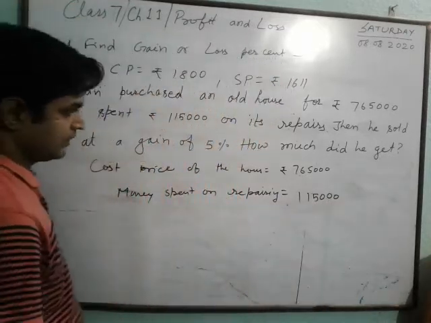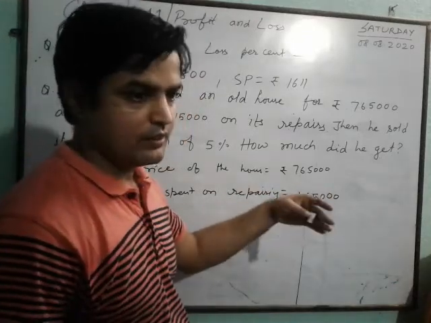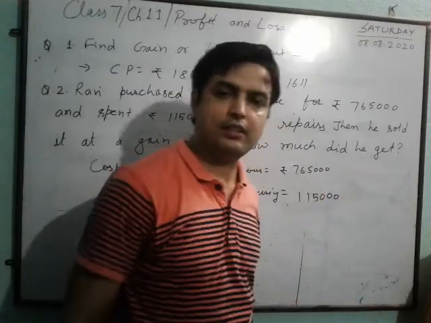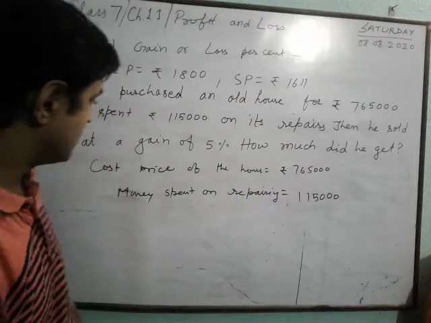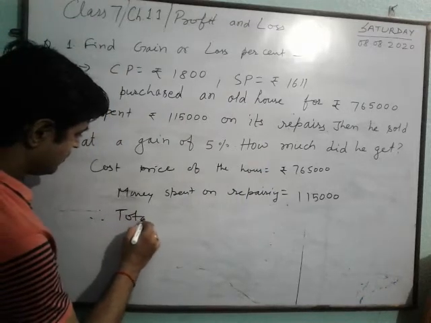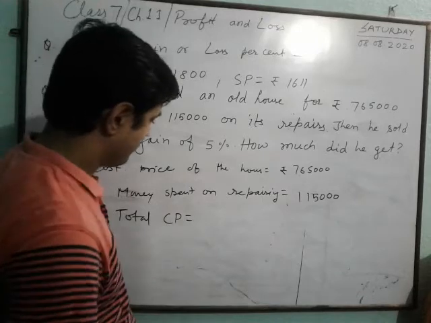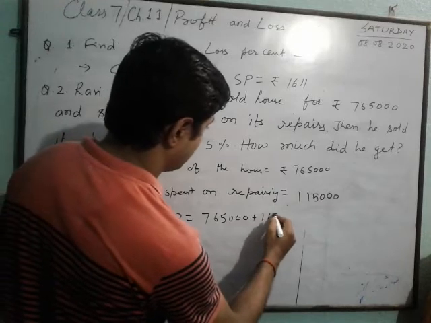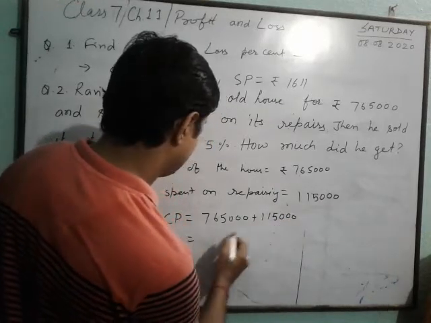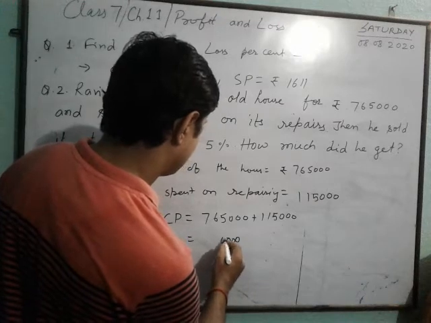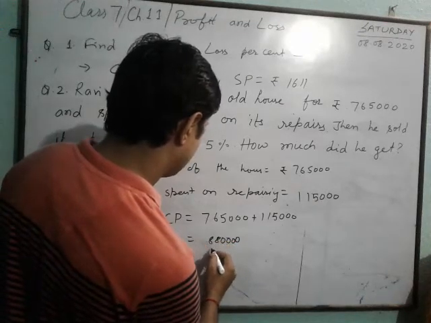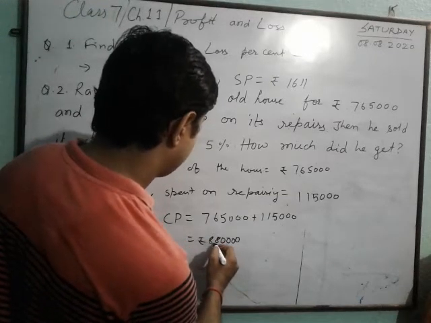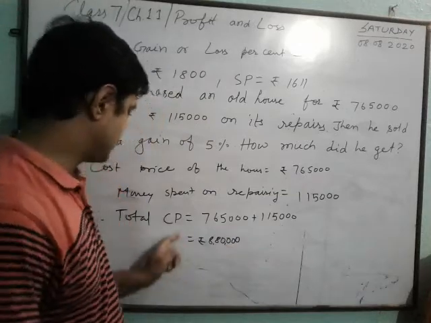So whatever money he has spent on its repairing will also be added to the CP. Then we will find the total CP. So in this case, total CP is equal to 7,65,000 plus 1,15,000 equal to rupees 8,80,000. This is the total CP.